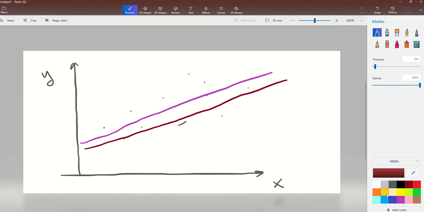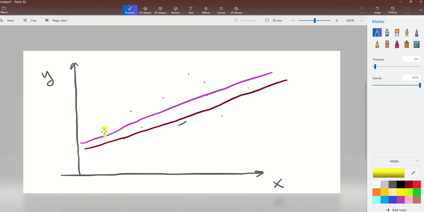Actually, the way statisticians find the best line is that you're going to calculate the errors, basically the distance from the actual point. So this is the actual point, and then if you go down to the line, this is the estimated value.